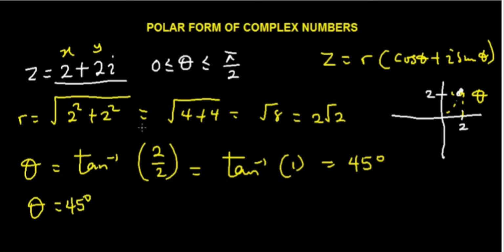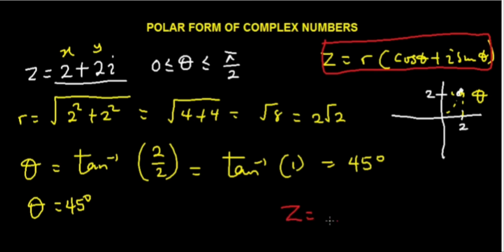To represent that in this form, without further ado, I will have z is equal to, what's my r? My r is 2 root 2 into cos of 45. Since my answer is given in terms of radians, 45 degrees is the same thing as writing pi over 4, and this pi is in radians.